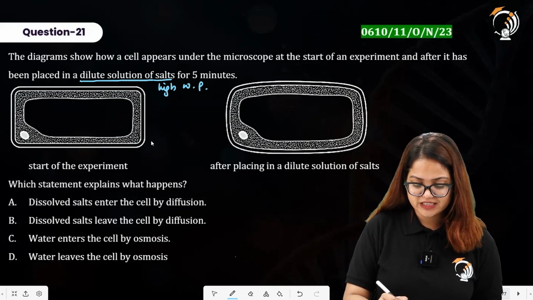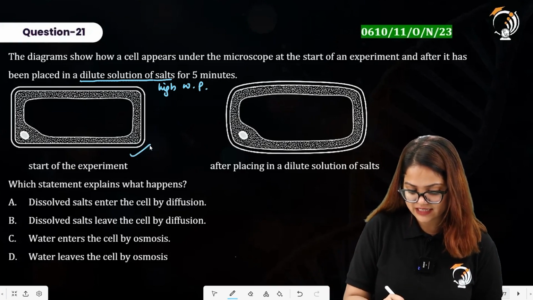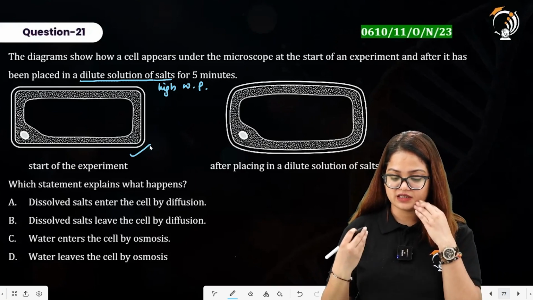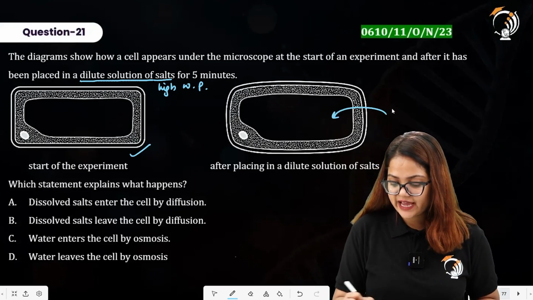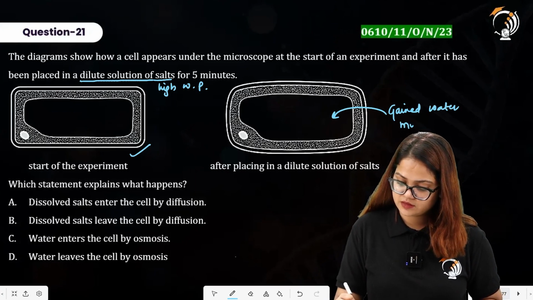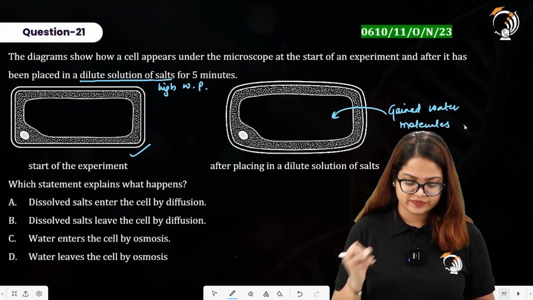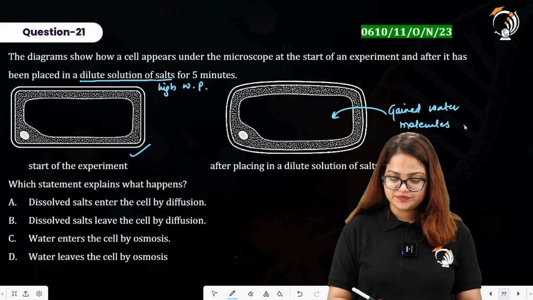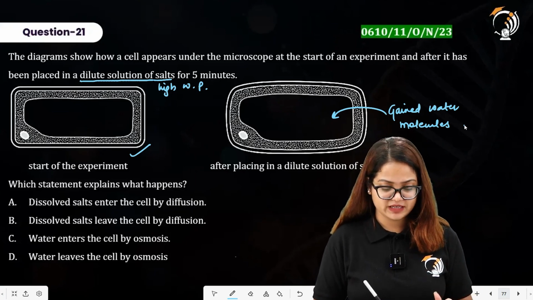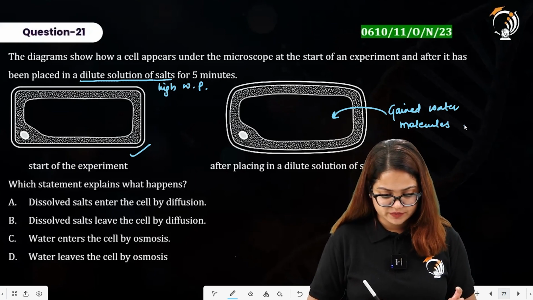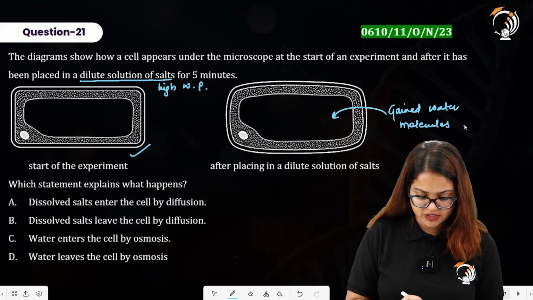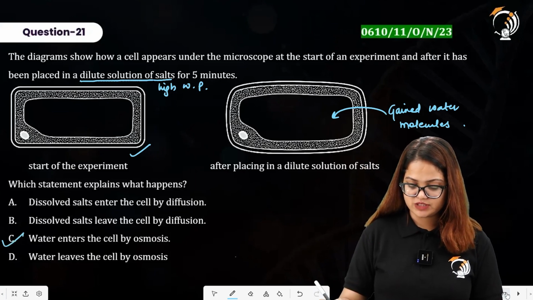At the start of the experiment, the cell was something like this as present in the left diagram, and on the right side, after placing in a dilute solution of salt, the cell has gained water molecules. And the water, since it is crossing the cell membrane, which is partially permeable in nature, follows the process of osmosis here. Water enters the cell by osmosis.